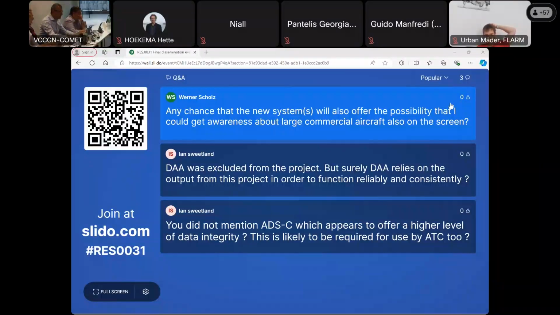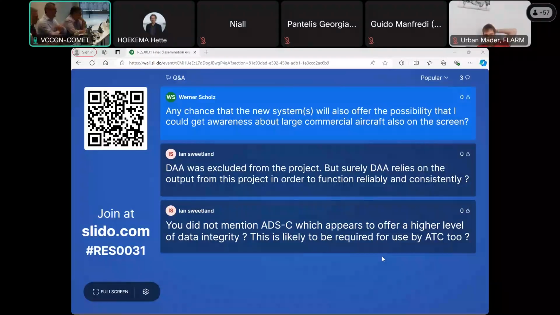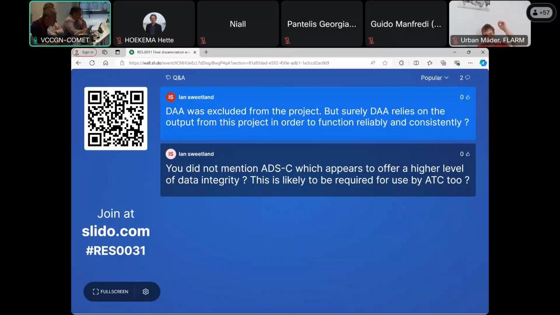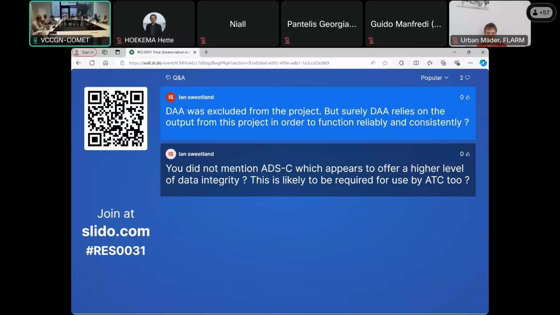All right. In your question, DAA was not part of the project, but surely DAA relies on the output from this project in order to function reliably and consistently. Yeah, I take this as a question. Yes.